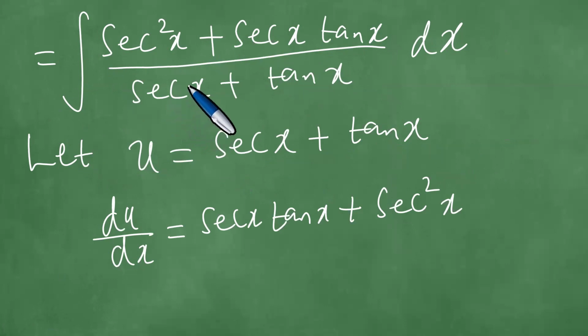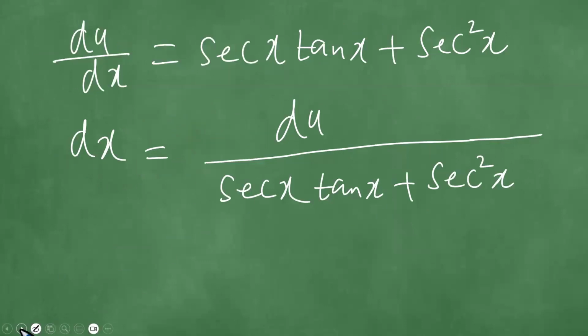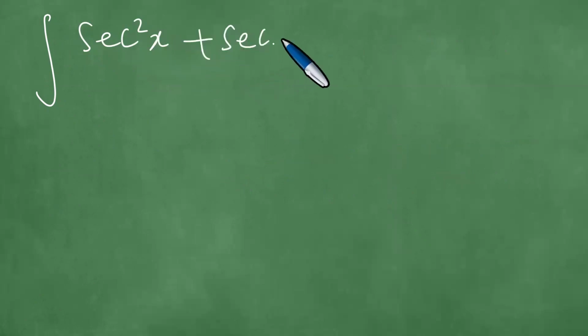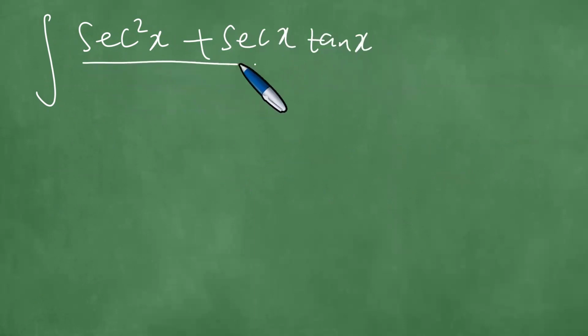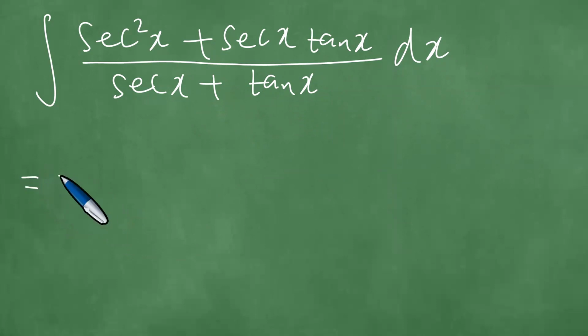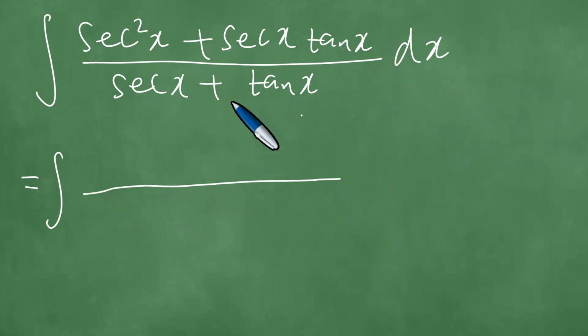So we have the integral of the secant squared of x plus the secant of x tangent of x, divided by the secant of x plus the tangent of x, dx. We perform substitution. What is the secant of x plus the tangent of x?